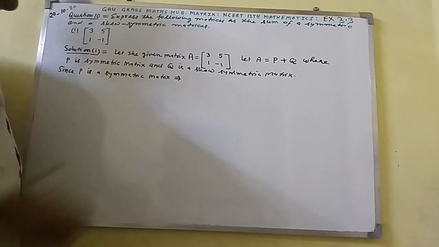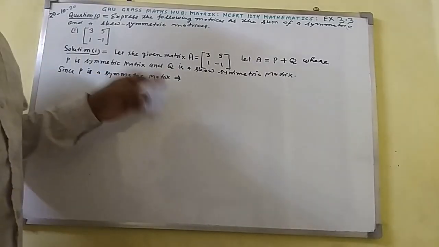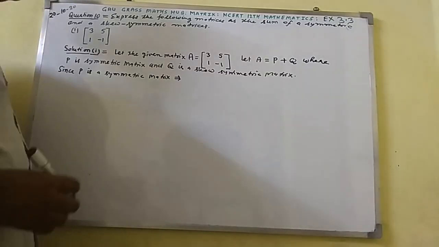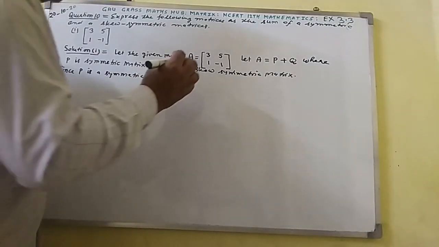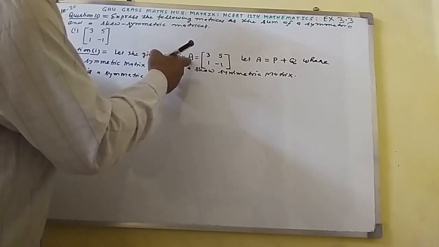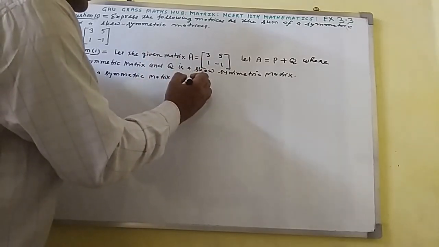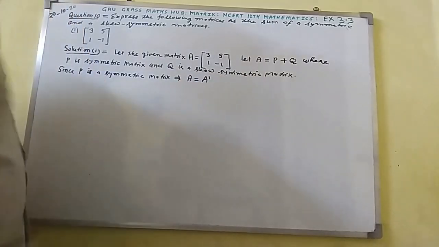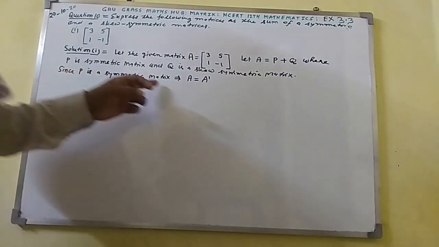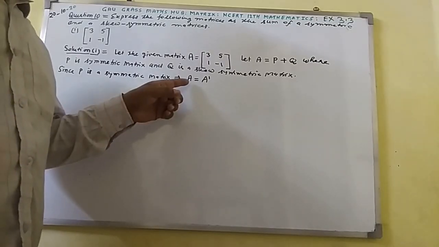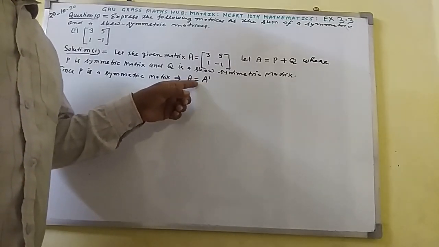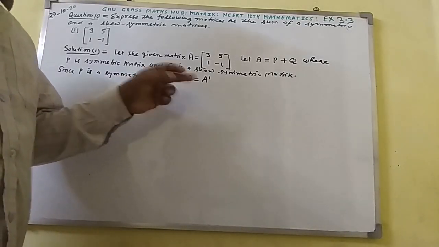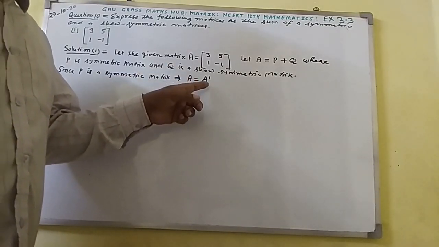Since P is a symmetric matrix, what happens? Since the given matrix A is there, A equals A dash. Since P is a symmetric matrix, A equals A dash, meaning the given matrix will be equal to the transpose of the given matrix.